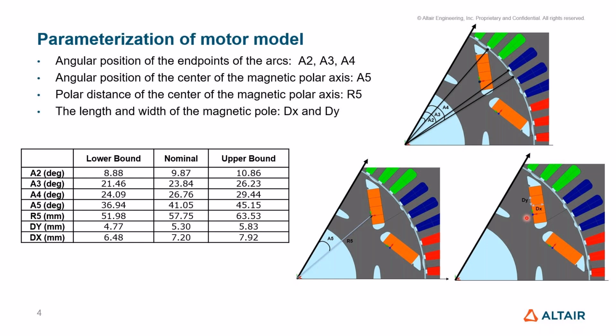You are not restricted to only using the parameters within the rotor. We just took it for the first case study, but you can use as many parameters as you want.